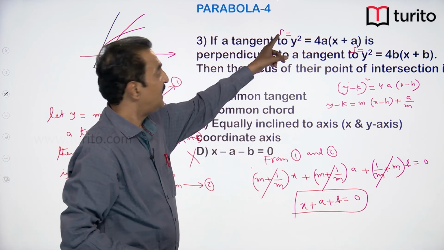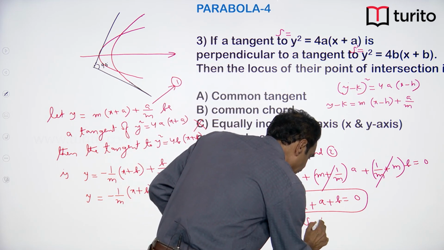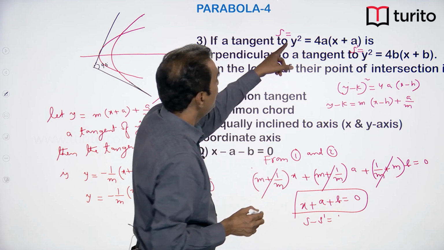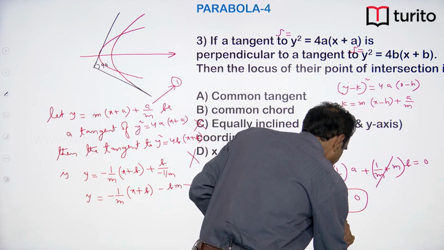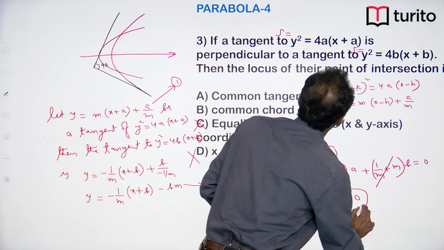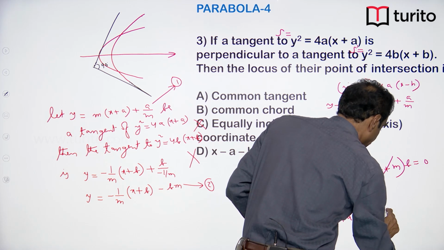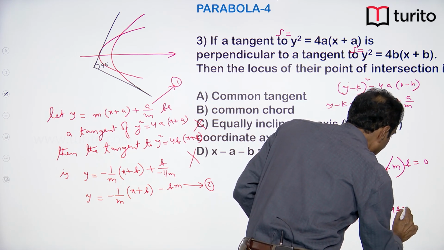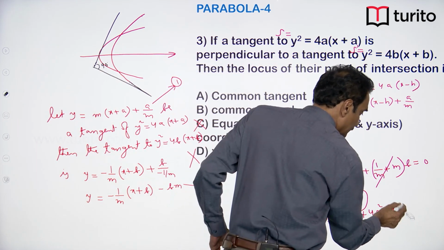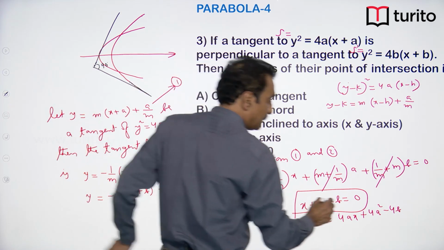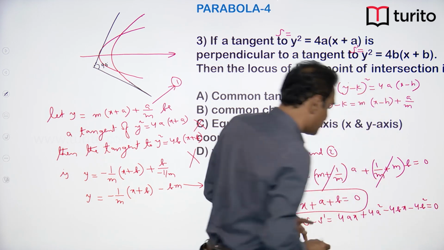If you take the curves as S and S dash, this equation is nothing but S minus S dash, which is y square minus y square, so one side will be 0, and the other side will be 4ax plus 4a square minus 4bx minus 4b square is equal to 0.